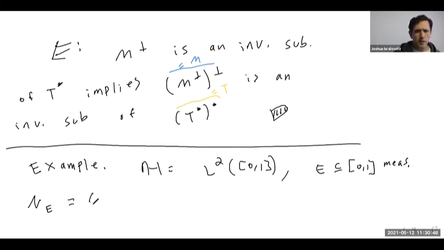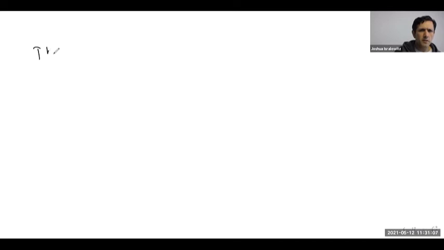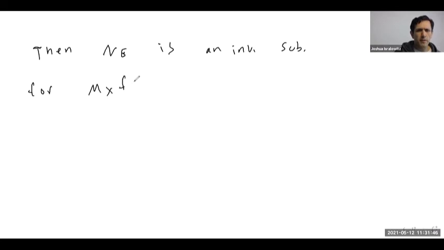Let's say N_E is the set of all f in L2 such that f equals 0 almost everywhere on E. Okay, so you can check, almost trivially, that N_E is an invariant subspace for the operator M_f, multiplication by f. Or really any, let's say M_g.